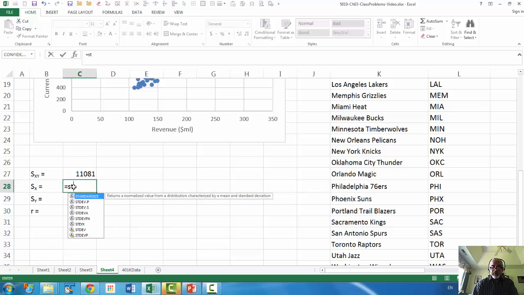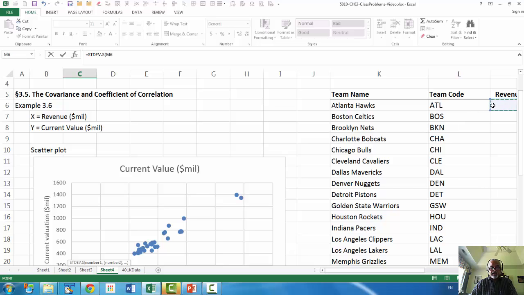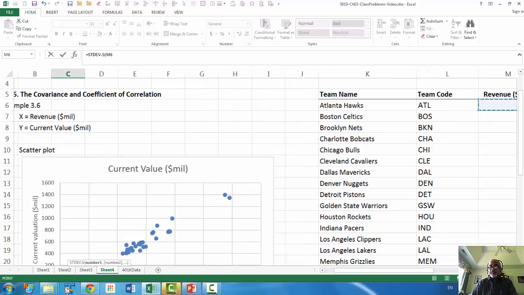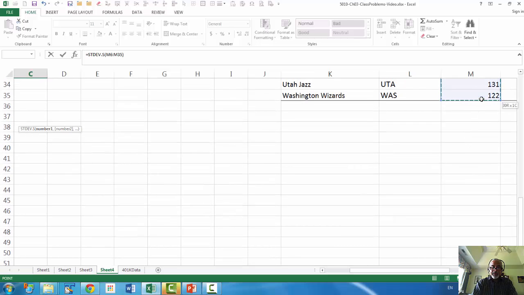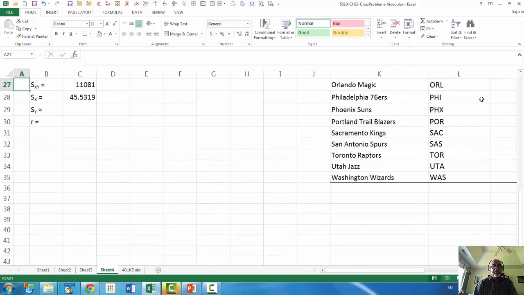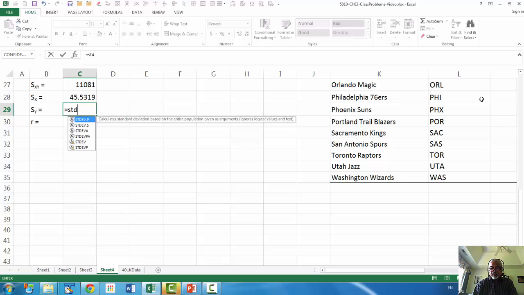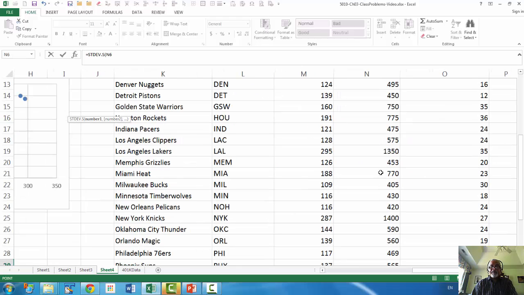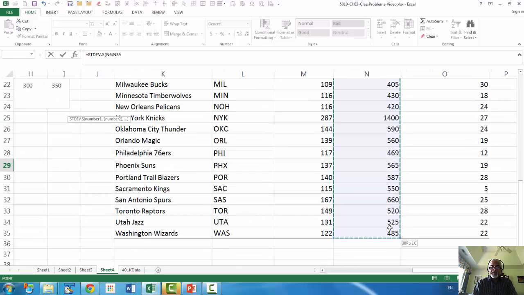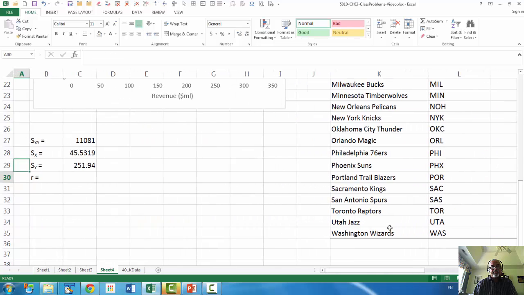Now STDEV.S for revenue and then STDEV.S of current valuation. Okay.